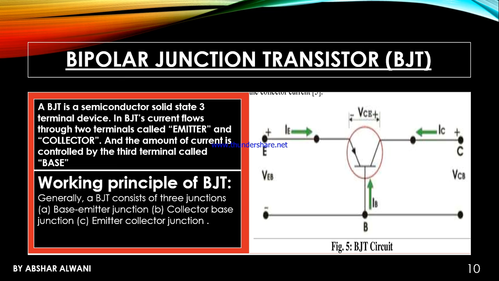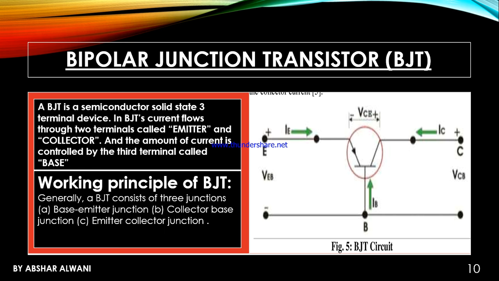When the transistor is in active region, then the base emitter junction is in forward bias and the collector base junction is in reverse bias. The width of the depletion layer of the base emitter junction is smaller than that of the collector base junction. When the base emitter junction is in forward bias, it reduces the barrier potential and allows electrons to flow from emitter to base.